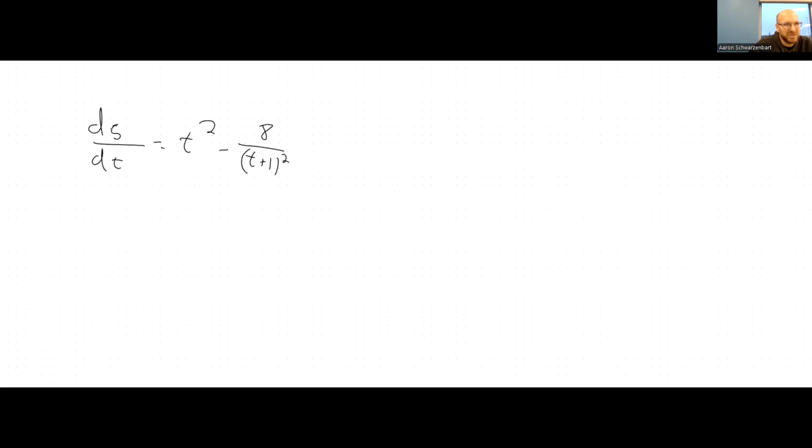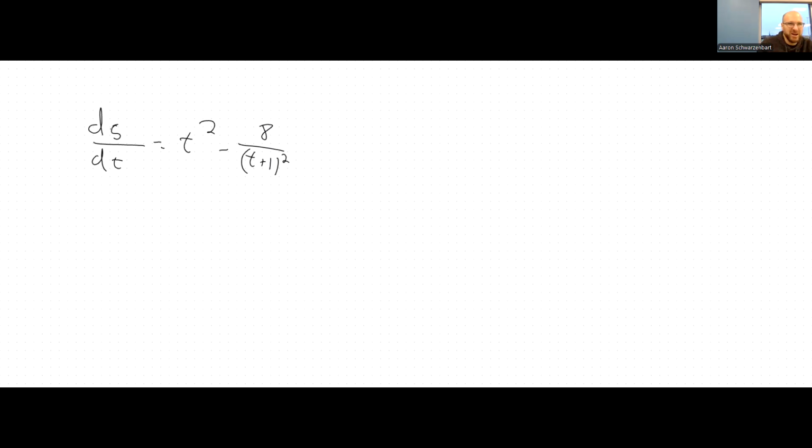What's the derivative of position? What is the derivative of position? Yes, velocity. What is the derivative of velocity? Acceleration. So we're asked to describe the motion of that.